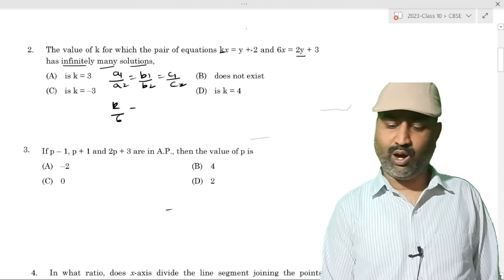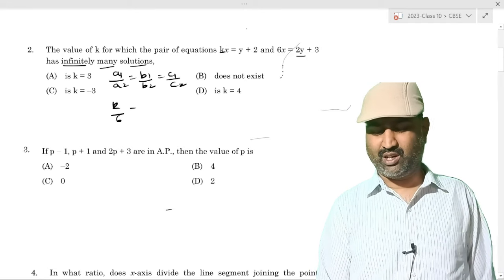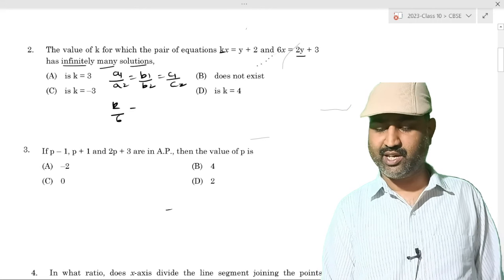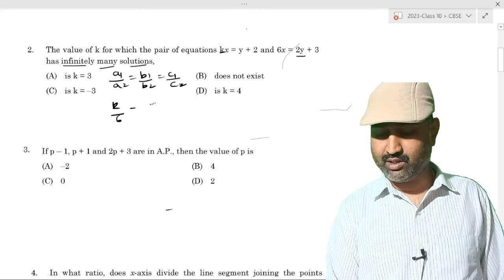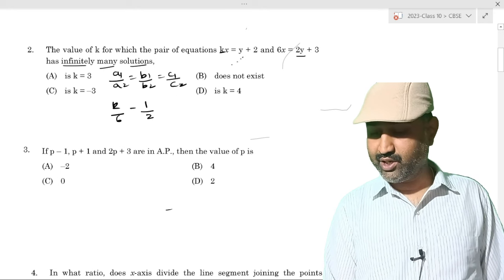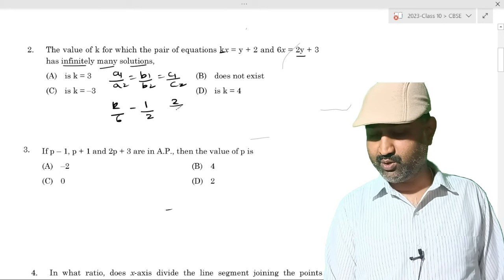You can bring all the terms in LHS, but since both b1 and b2 are in RHS, no need to bring everything in LHS here. b1 is 1, b2 is 2, and c1 is 2, c2 is 3.